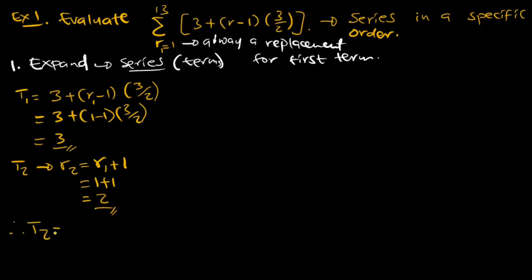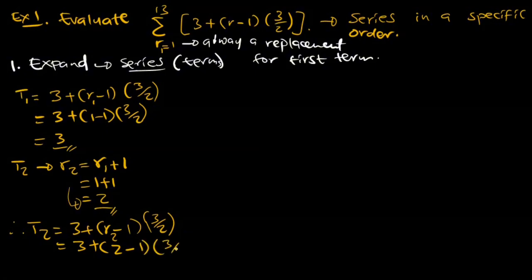Therefore, T2, you take the expression as is, with replacements: 3 plus (2 minus 1) times 3 over 2. 2 minus 1 is 1, and when you punch this into your calculator, you get 9 over 2. So term 2 is equal to 9 over 2.